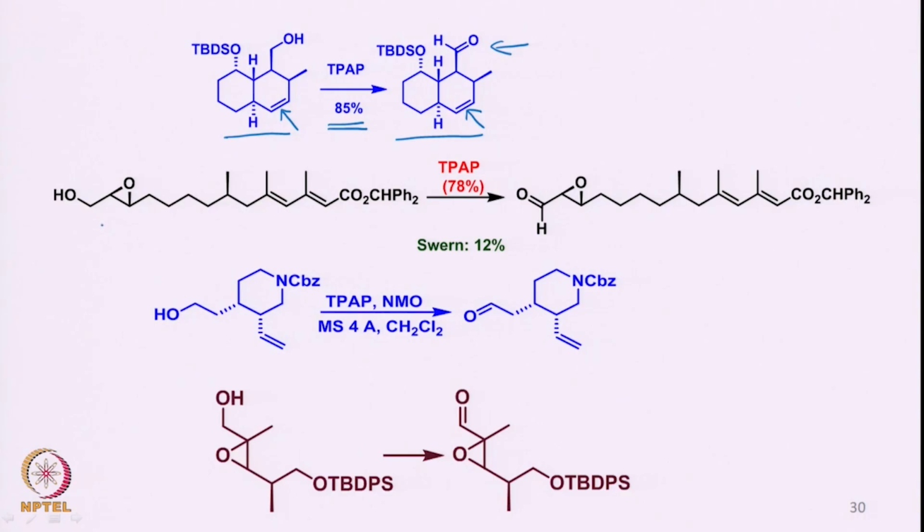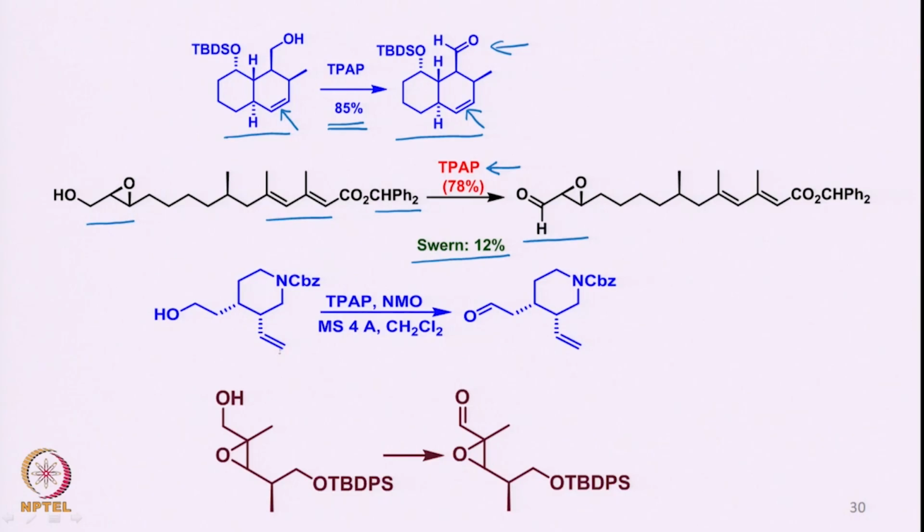This substrate has an epoxy alcohol, 2 double bonds, and of course the phenyl rings, which can be oxidized. When it was reacted with a Swern oxidizing agent, it gave only 12% of the oxidized product. On the other hand, with TPAP 78% of the corresponding aldehyde was formed.